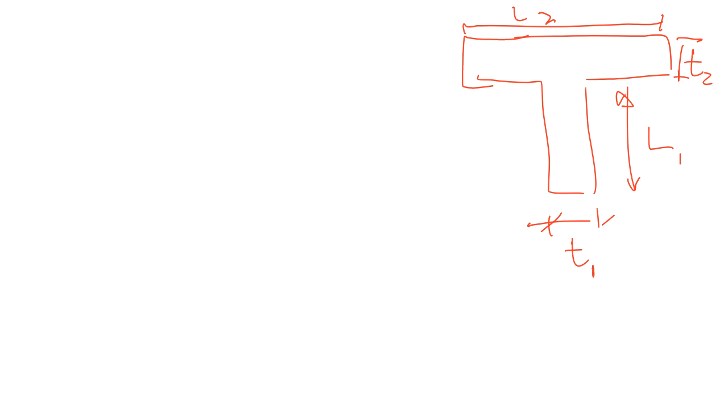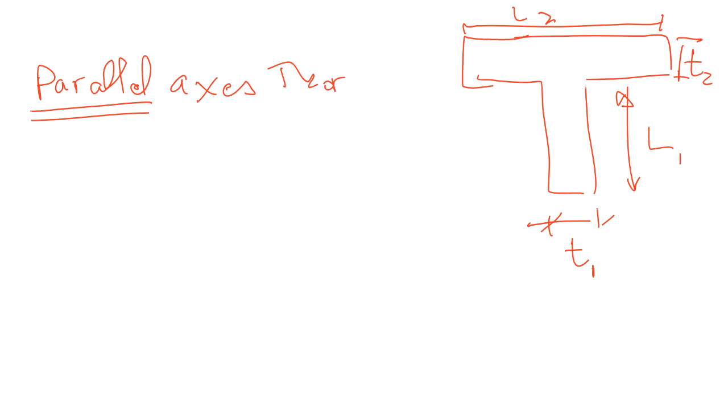Remember, there is something called the parallel axis theory. I'm not going to review it because you already know it from mechanics of materials. So I'm asking you to calculate I vertical and I horizontal in this case.